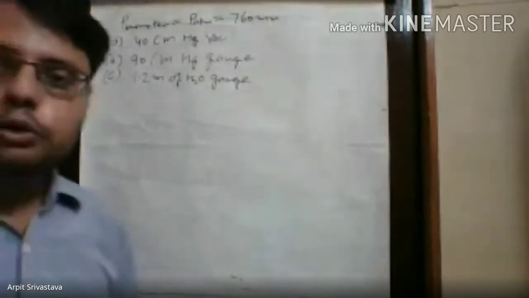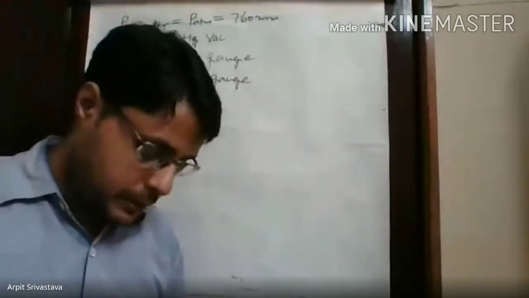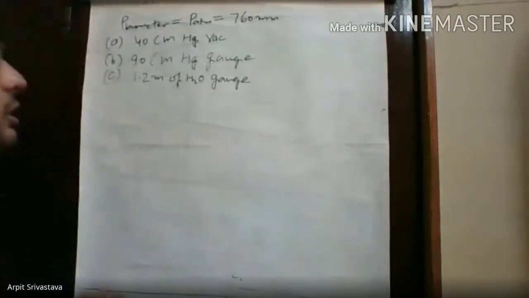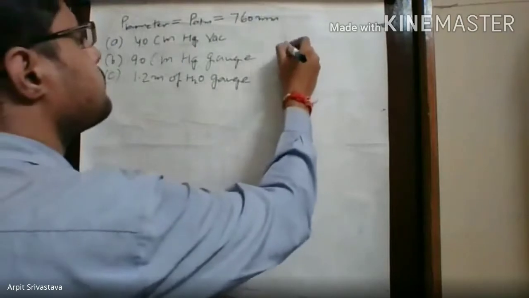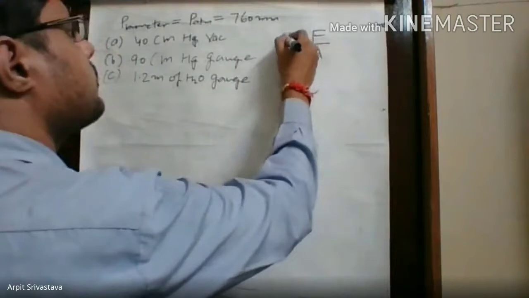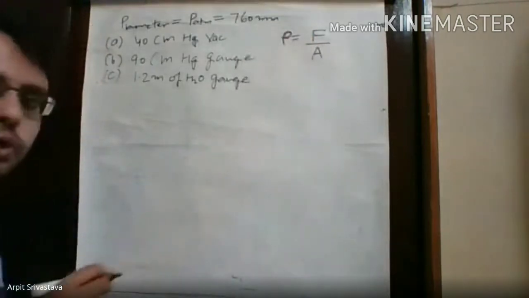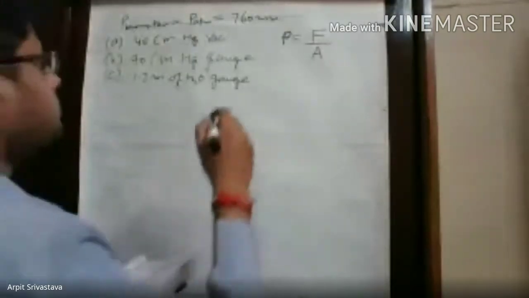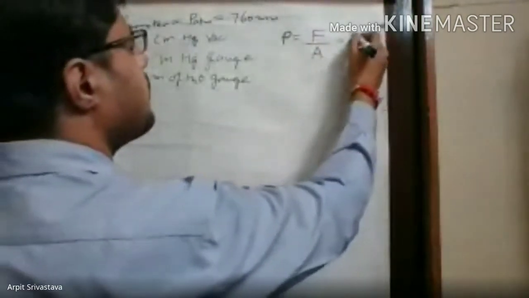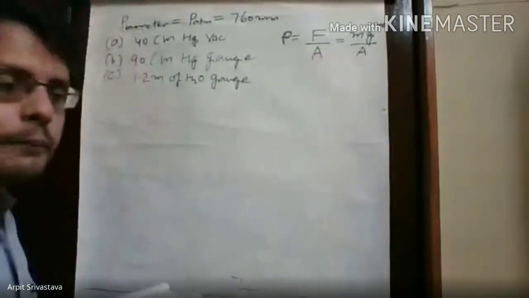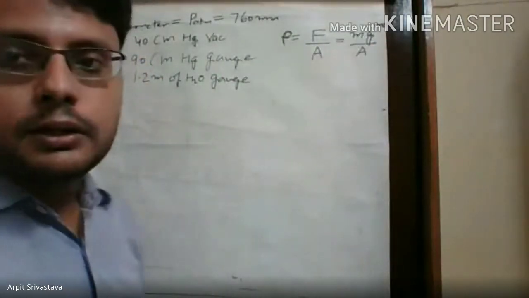Firstly, we have to define the pressure expression. As we all know, pressure is defined as force upon area, and force is defined as mg upon A. Weight is a form of force.